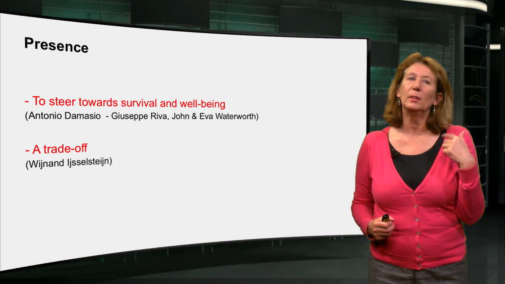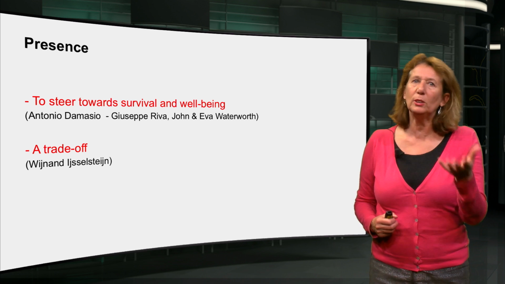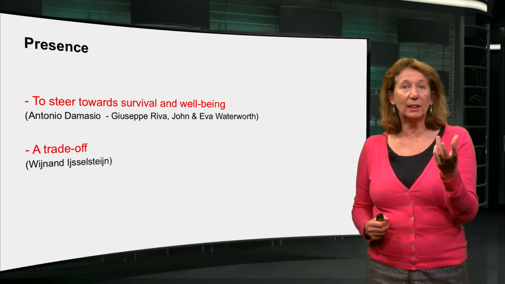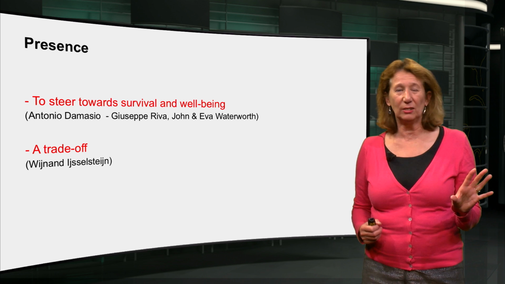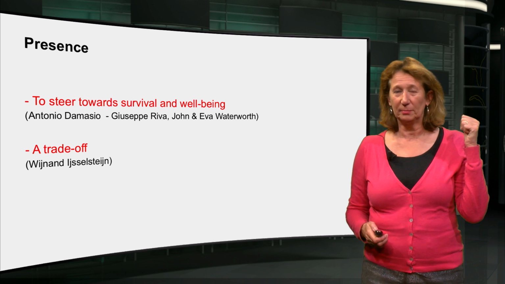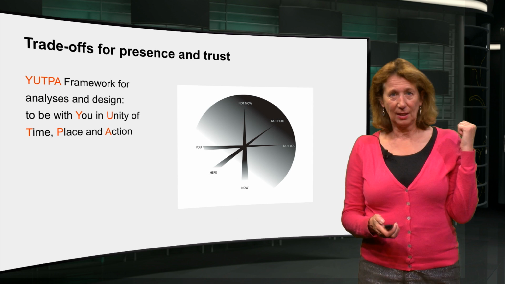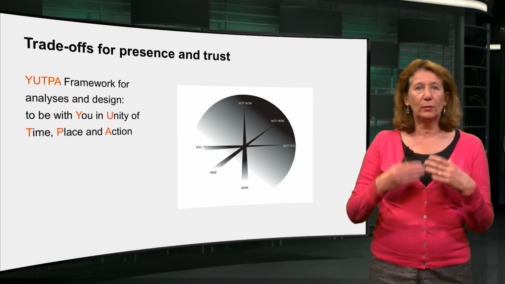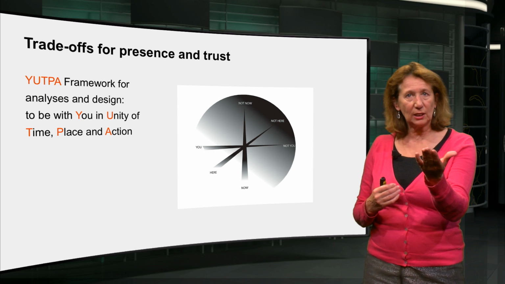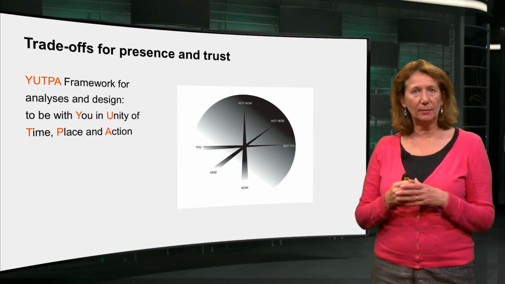Or do I need to have his social network data? I mean, what do I need to know? Anyway, we make a trade-off. I realize I'm tired, I'm wearing high heels. I don't like grumpy guys, so I just go the other way. So what I mean to say, as you saw, this is a trade-off of trust and presence. I don't trust the guy, I change my presence, I go away.